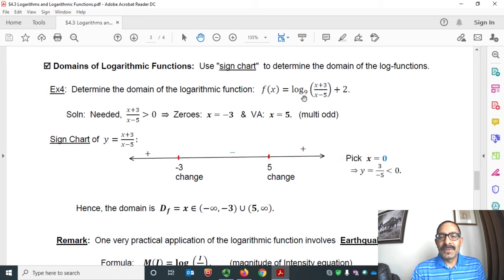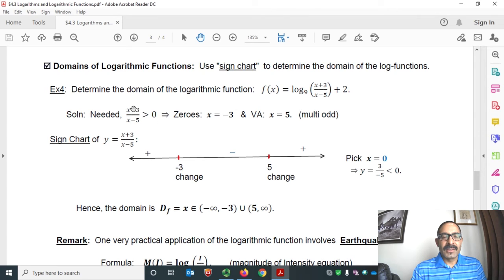Solution. To define this logarithmic function, we need this argument, this fraction, (x plus 3) over (x minus 5), to be strictly positive. That's where we are starting. Then we need to find the zeros and VAs of this fraction function. The zeros of the numerator are the zeros, and the zeros of the denominator are the vertical asymptotes.